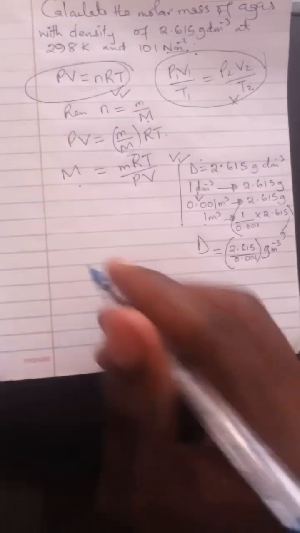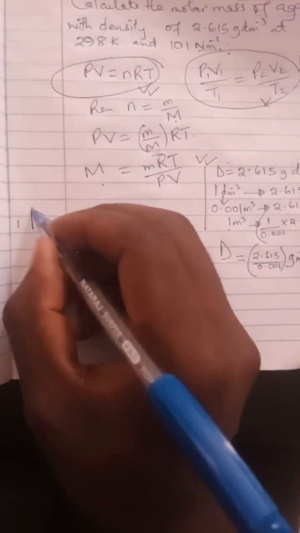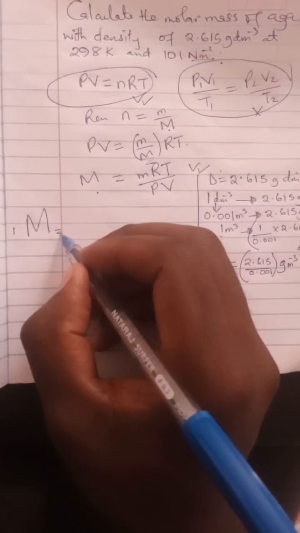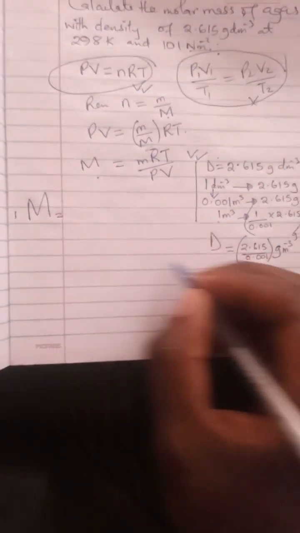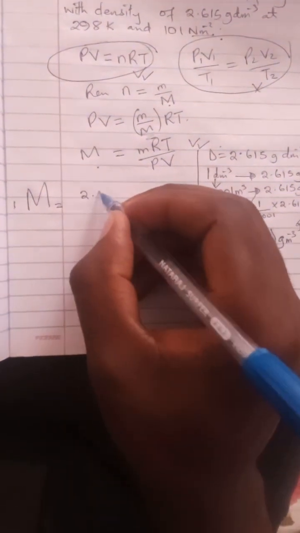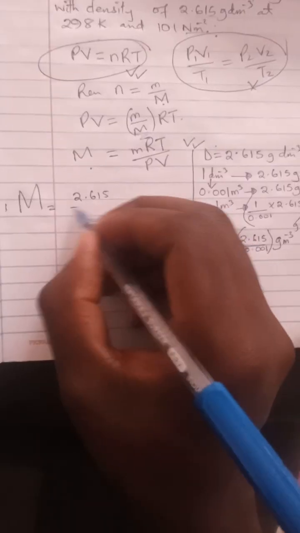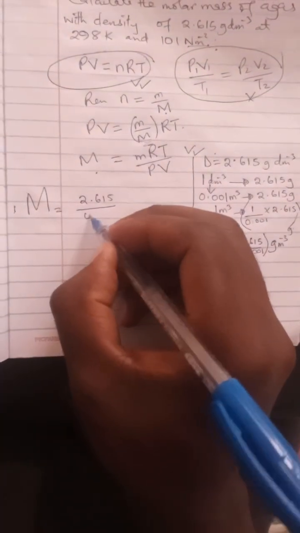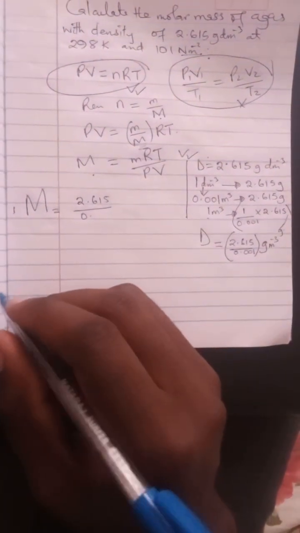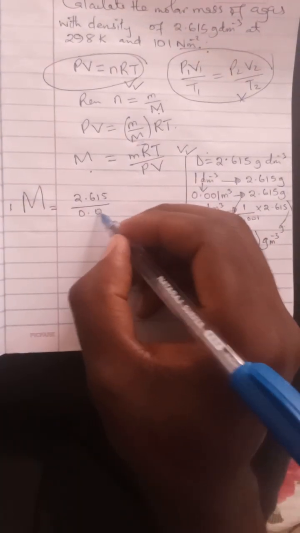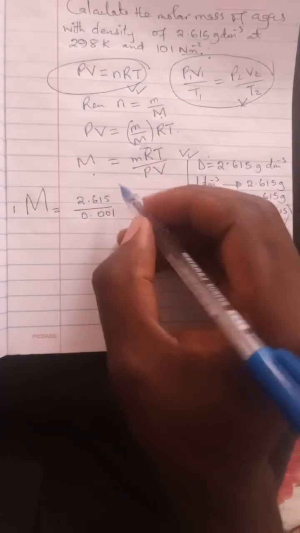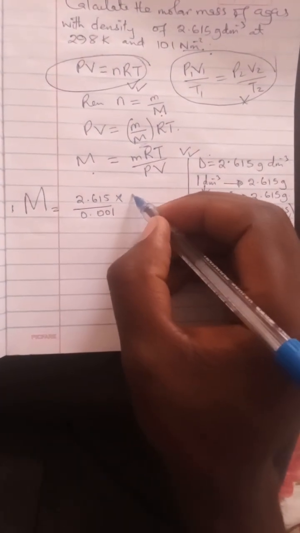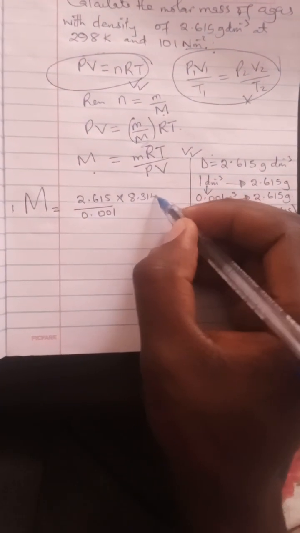Okay, let's now compute. So our mass becomes this, the mass for every 1 cubic meter. So we'll have 2.615 out of 0.001. Then we are going to multiply the value of R, which is 8.314.